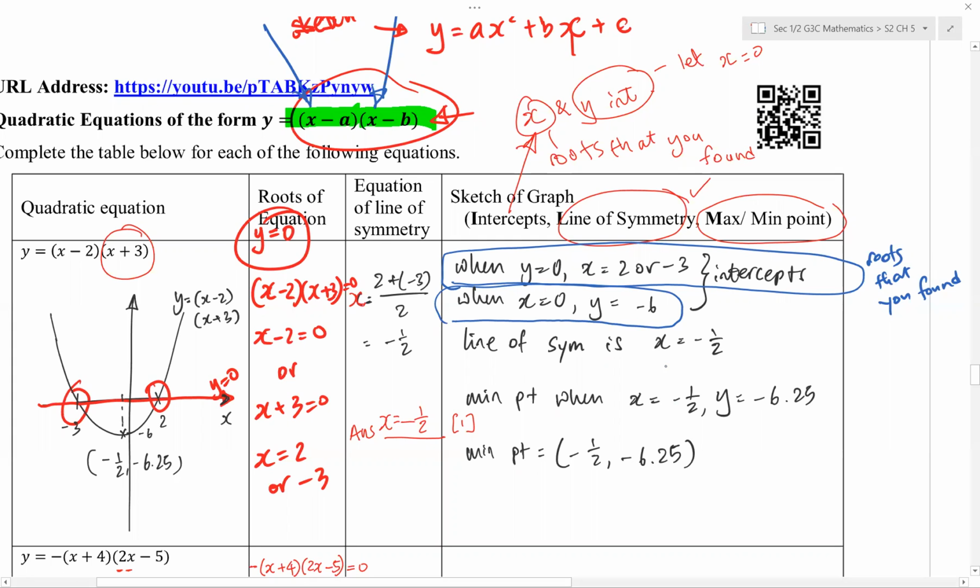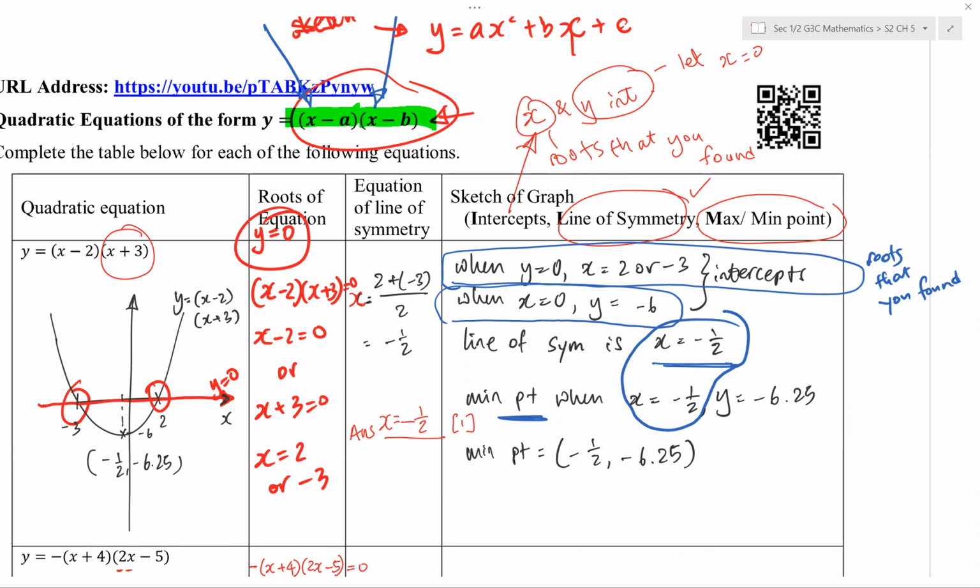Next, we have our line of symmetry, which you already found, x equals -1/2. And finally, our minimum. How do I know it's a minimum point? I'll get to that in a short while. The turning point happens when x equals -1/2. Watch, it is the same. When you have your line of symmetry, you already have your x coordinate for your turning point. x is -1/2.